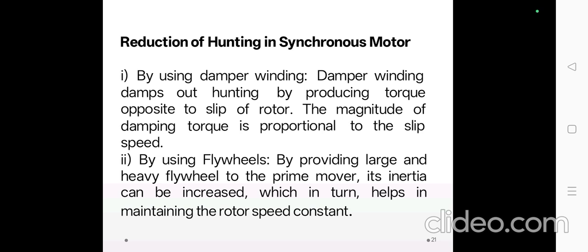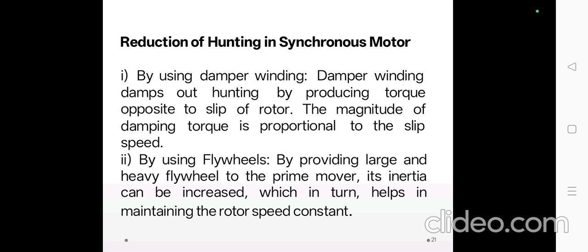Due to this relative motion, EMF gets induced in the damper winding. According to Lenz's law, the direction of the induced EMF is always such as to oppose the cause producing it. This cause is the hunting. So such induced EMF opposes the hunting. The induced EMF tries to damp the oscillations as quickly as possible. Thus hunting is minimized due to the damper winding.